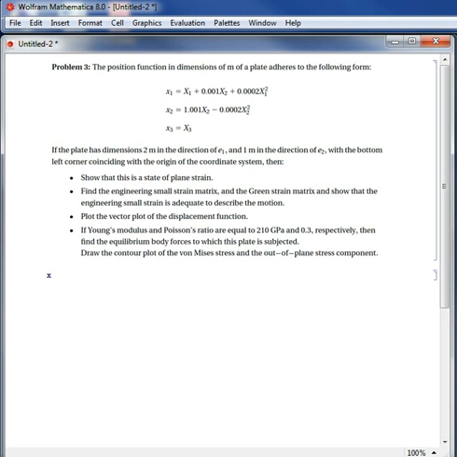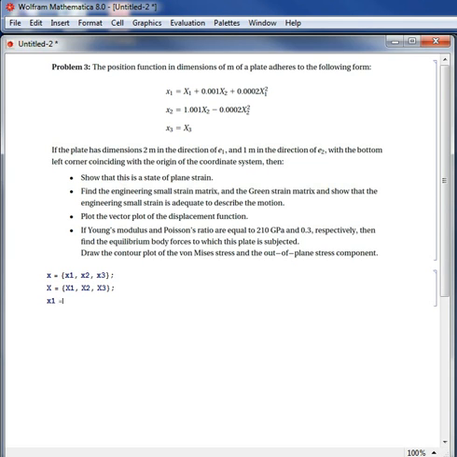So I'm going to write the new position x is equal to x1, x2, x3. The old position X is equal to capital X1, capital X2, capital X3.